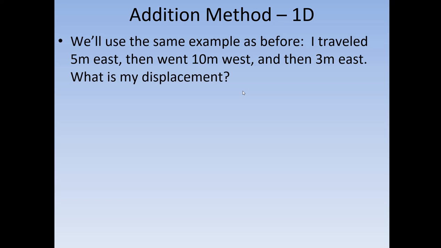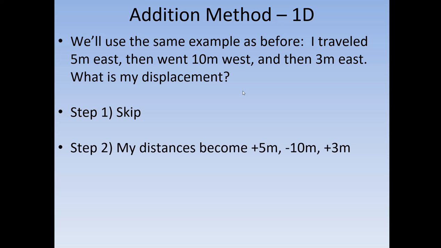So first, we're just sticking with 1D. We'll use the same example that we did before in the graphing, where we go 5 meters east, 10 meters west, 3 meters east. For my displacement, step one, I can skip because they're all like directions. They're all going east and west. Step two, these displacements become plus 5 meters, minus 10 meters, plus 3 meters, based off of the convention.